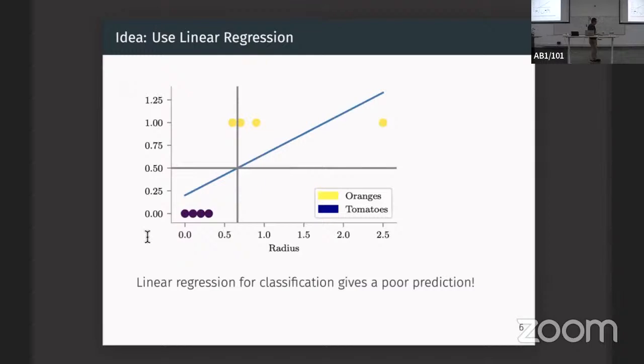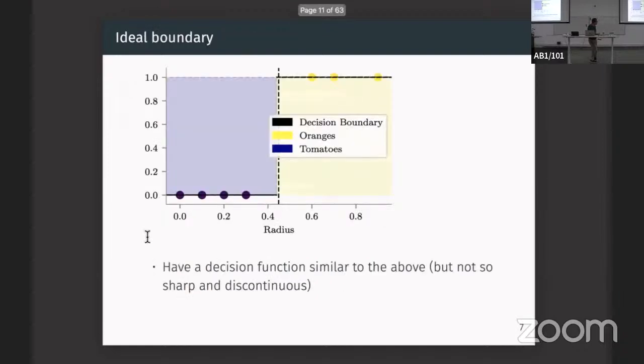Secondly, can you see that one of the oranges is now going to be misclassified, right? Thirdly, linear regression will give you outputs which are in what range? Minus infinity to infinity, right? It's just theta naught plus theta 1x, right? But probabilities have to be bounded between 0 and 1. So how do you convert something which is between minus infinity and infinity to between 0 and 1? Using sigmoid.